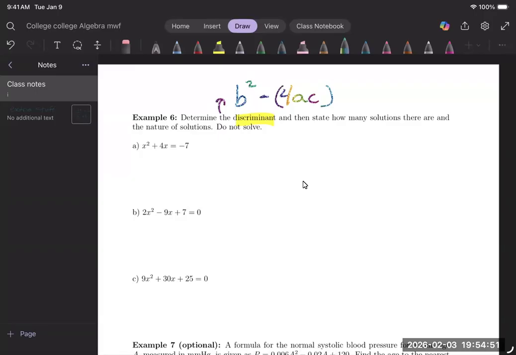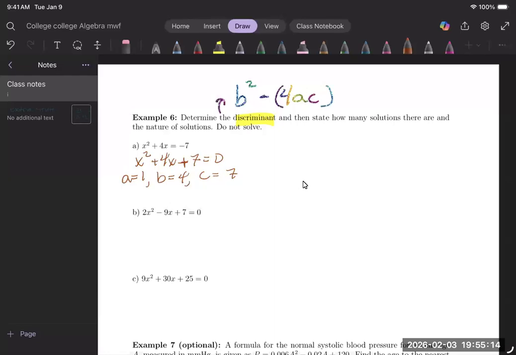So before we begin, I like all my ducks in a row. So this is x squared plus 4x plus 7 equaling 0, right? Because we love when quadratics are set to 0. Just makes our hearts so happy. So now we know for sure that A is 1, B is 4, and C is positive 7.